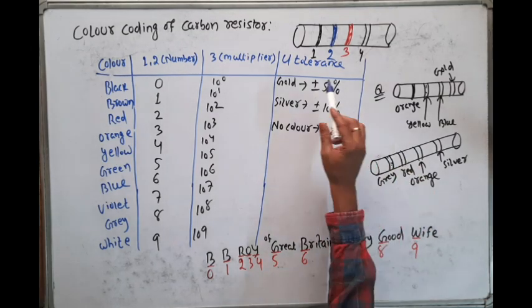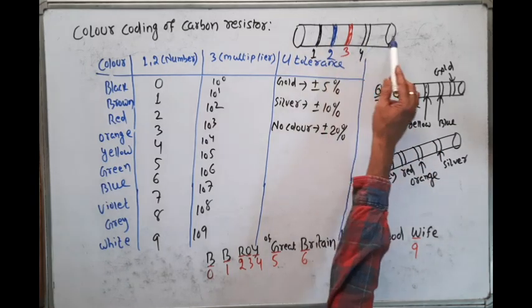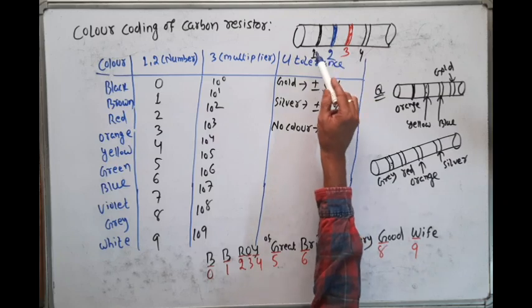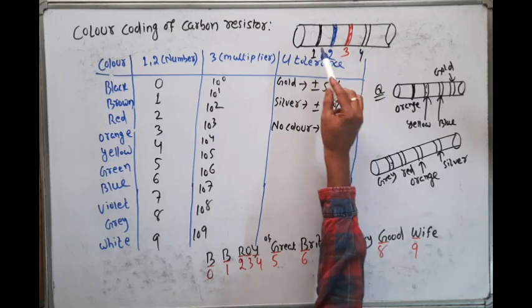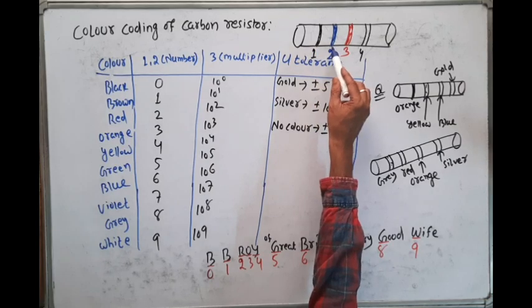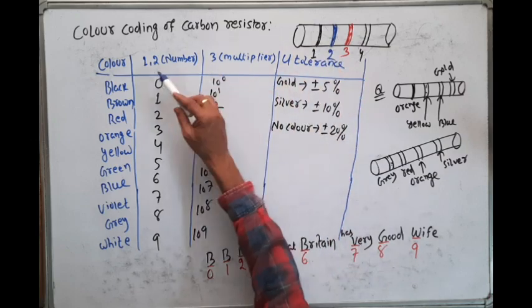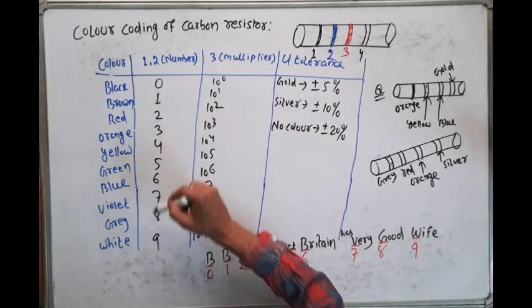You see, there are 4 bands of colors given on the carbon resistor: 1, 2, 3, 4. The first color band and second color band, that is 1, 2, represent the number.